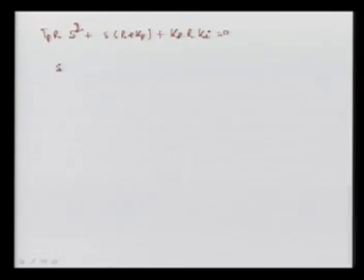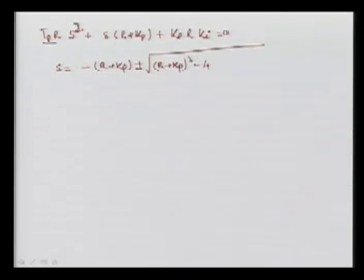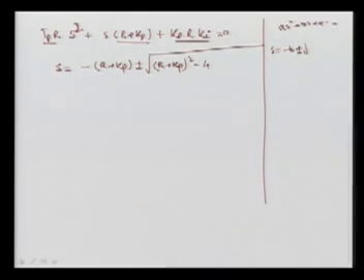So S I can write, it will be minus R plus Kp plus minus, here I can say R plus Kp square minus 4AC. 4AC means 4, this is your A, this is your, let's suppose, B, this is your C. So we know this, if your AS square plus BS plus C is equal to 0, then we can write minus B plus minus square root of B square minus 4AC divided by 2A.